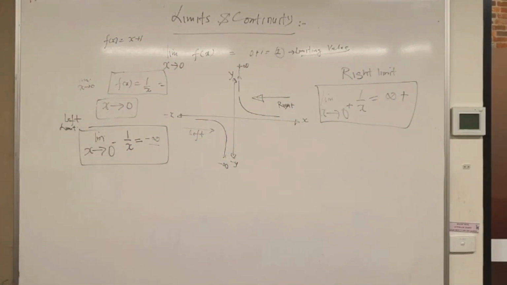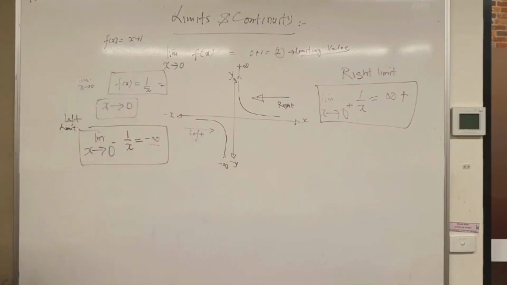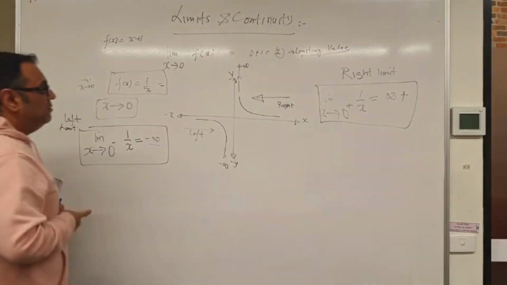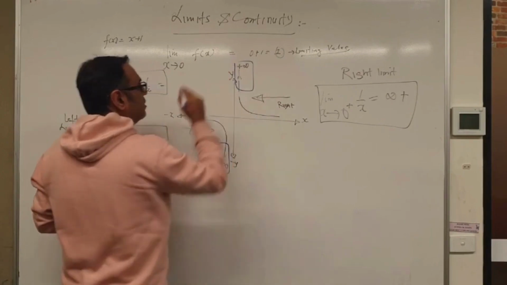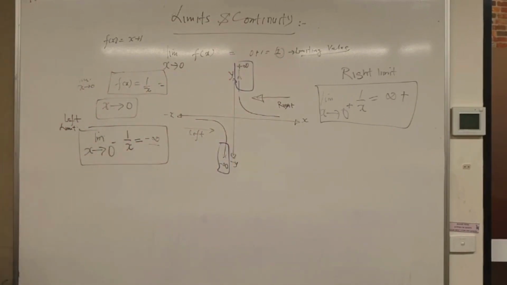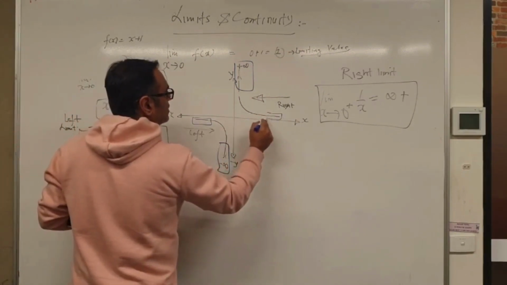Make sense? The left limit and the right limit. If I take a different color, I'm talking about this arm of the graph. I can also talk about this other arm of the graph as well.